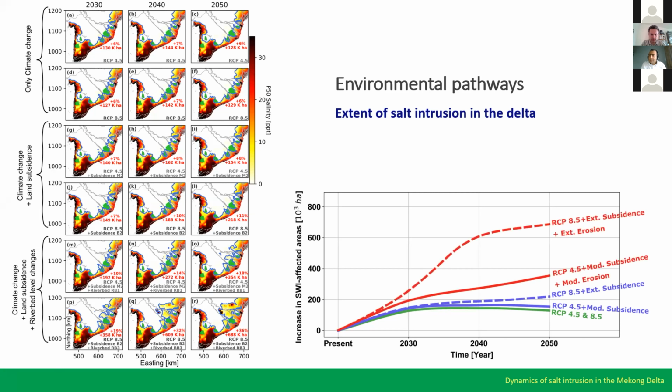But it can be significantly higher when we also include even moderate scenarios of riverbed level changes. That's how sensitive the system is to riverbed level changes. And this, of course, can be even far more complicated if we add scenarios of extreme sea level rise. I mean, we see that already by accelerated sea level rise, this can significantly impact whatever we can predict for the next 3 decades.